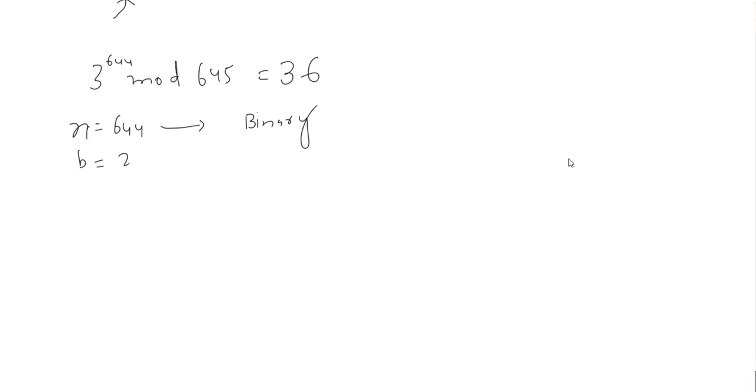When we do so, we ignore the remainders. This is important. For the even value that we obtain after the division, we represent that with 0, and for the odd value we represent it with 1. And we ignore the remainder.